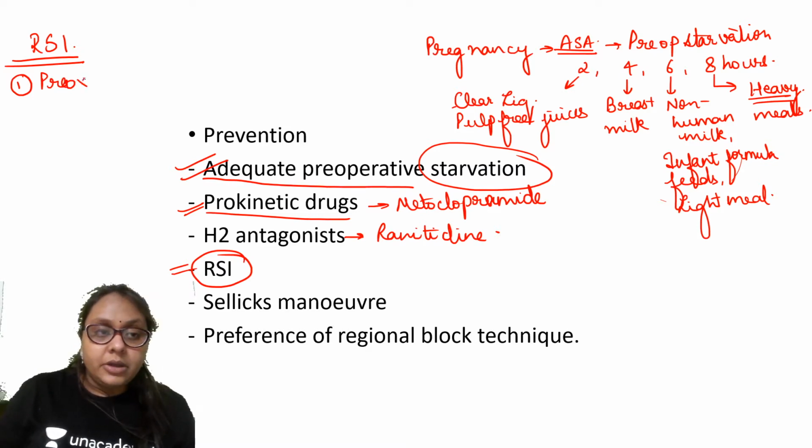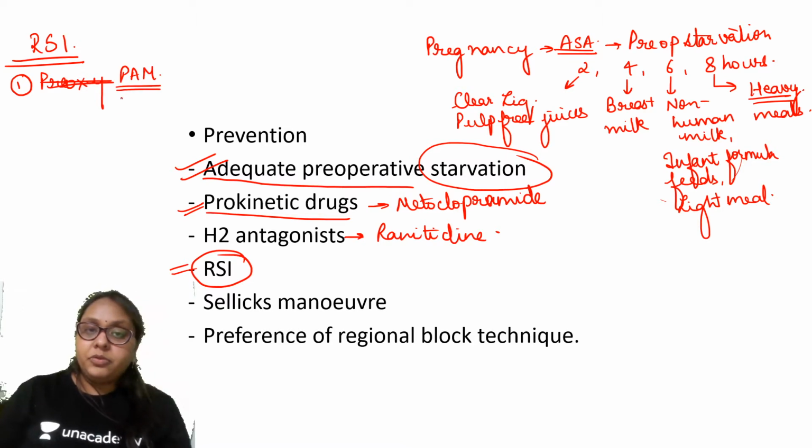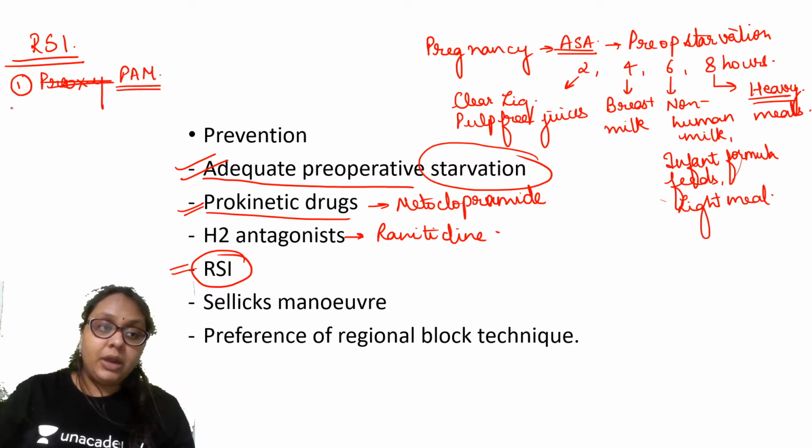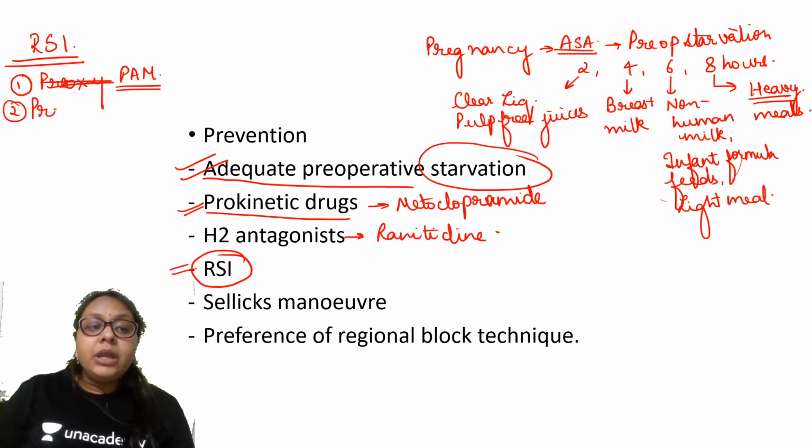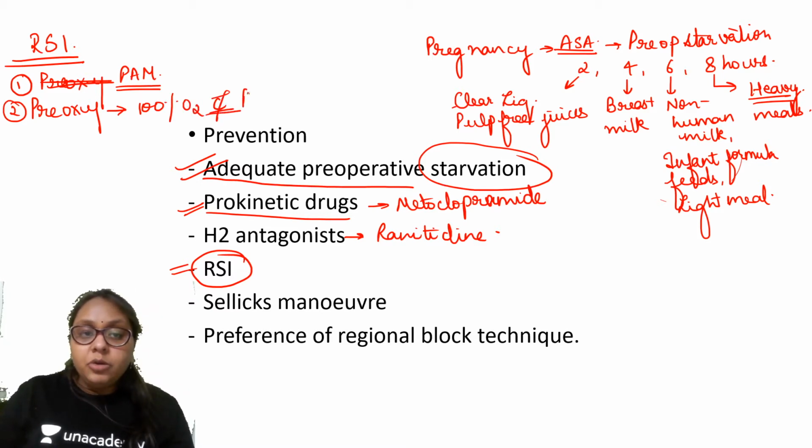The first step is to give the pre-anesthetic medications, in which you will give the prokinetic drugs or the H2 antagonist. Second, pre-oxygenate the patient with 100% oxygen, but without positive pressure ventilation.